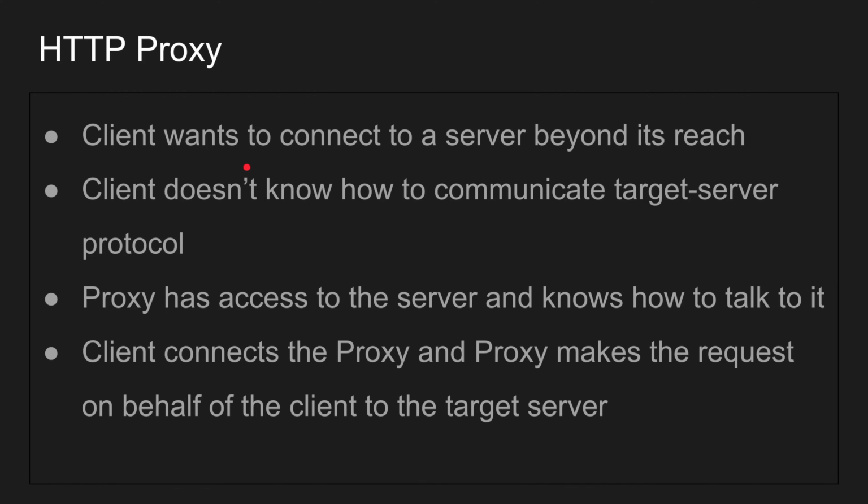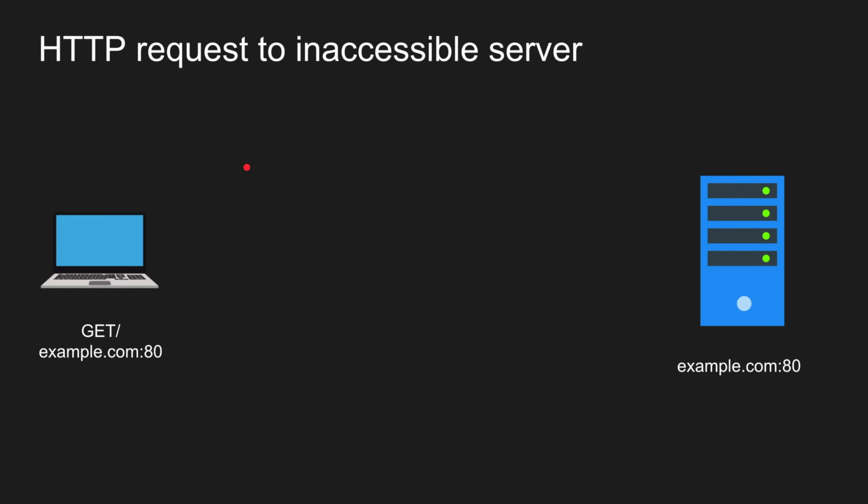So I'm talking here about pure unencrypted HTTP traffic, right? Proxy. Let's take an example. Hey, I want to go to example.com on port 80, unencrypted, but I can't for any particular reason. I don't understand the protocol, or I can't reach the server.